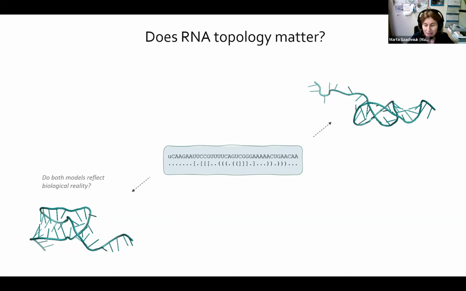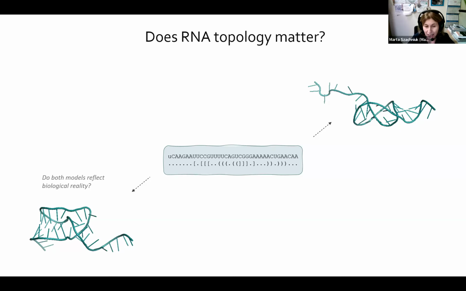And on both sides, there are two 3D models of the structure that were modeled by some predictive method, starting from the secondary structure we can see in the middle. And as you can see, they differ in quite an observable way.